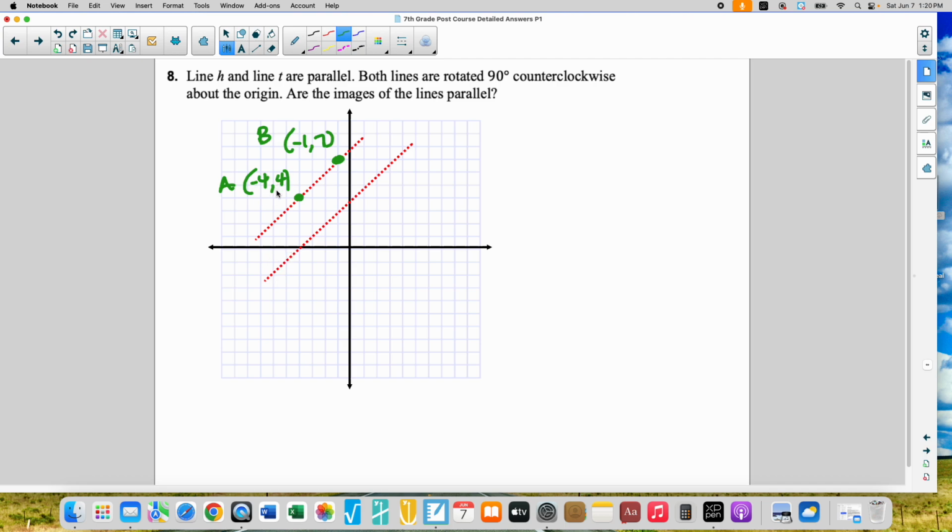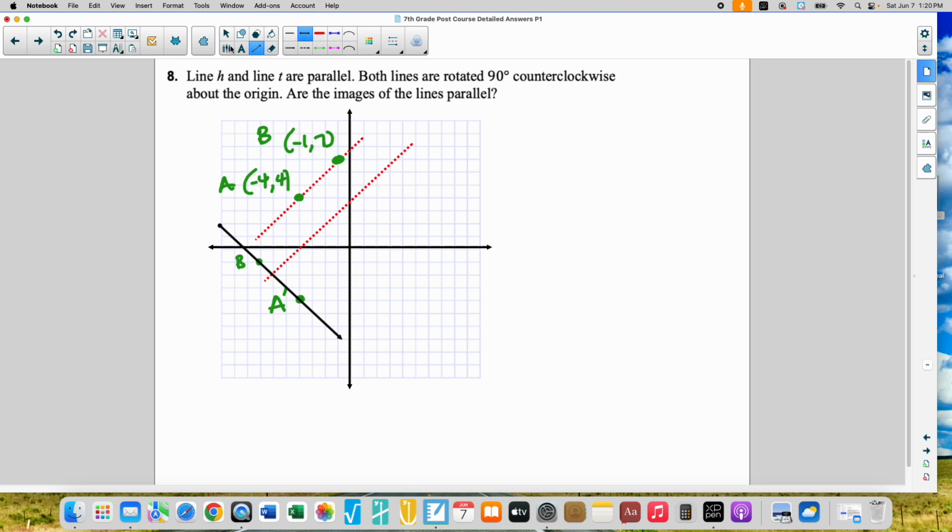Sorry. That's going to be A rotated. And let's flip and change. That's -7, -1. That's going to be point B. And if we connect those, that's going to be the line rotated 90 degrees.